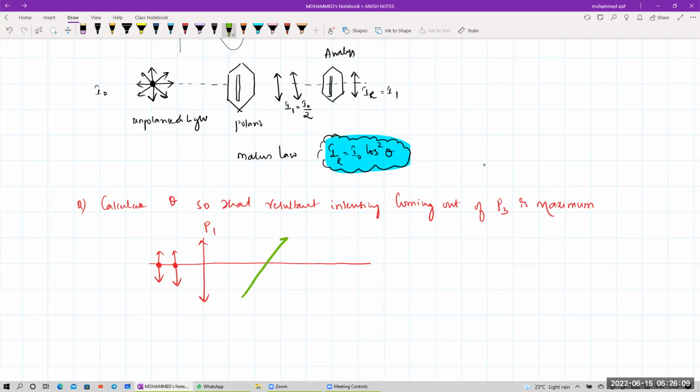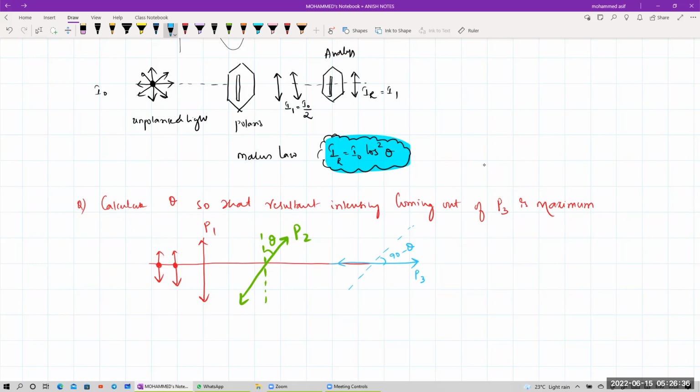This one is your P2, and it is making an angle theta with your vertical. And there is a third polarizer along this axis like this, rotated from this one by an angle of 90 minus theta. This is a polarizer P3.